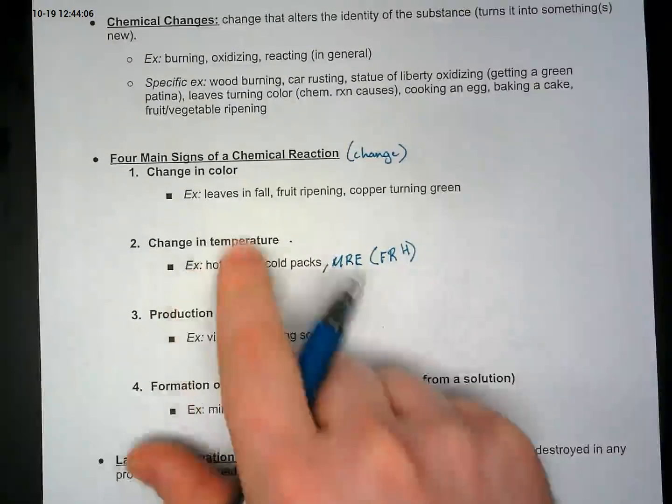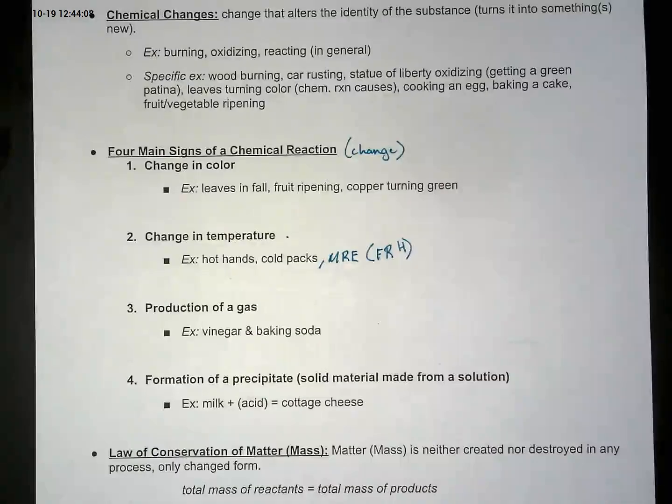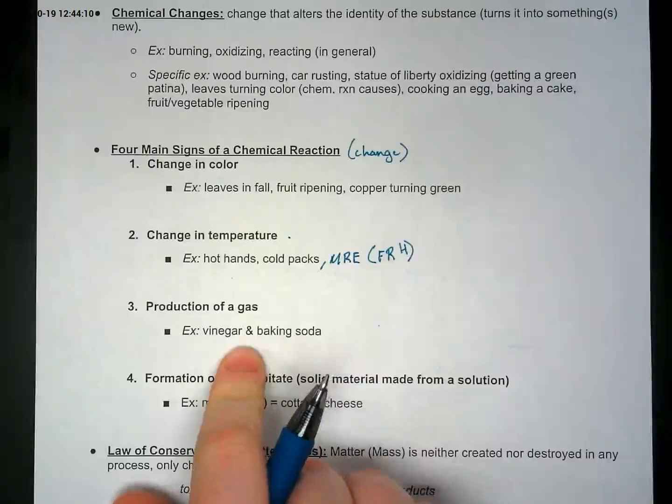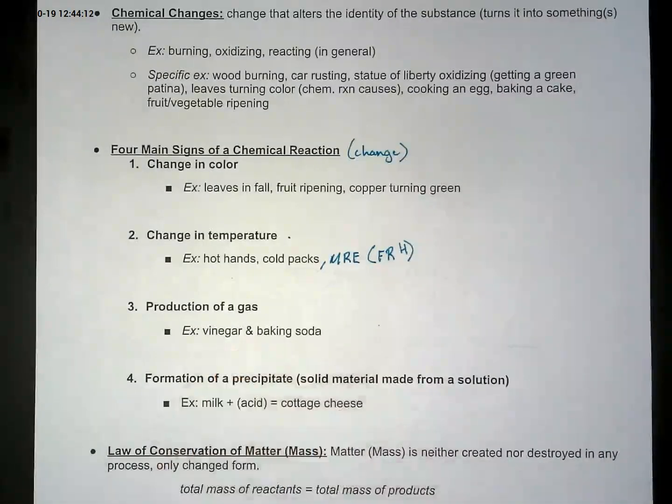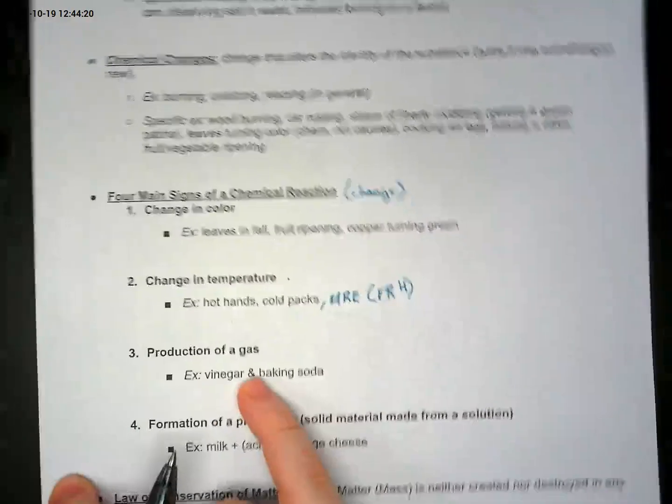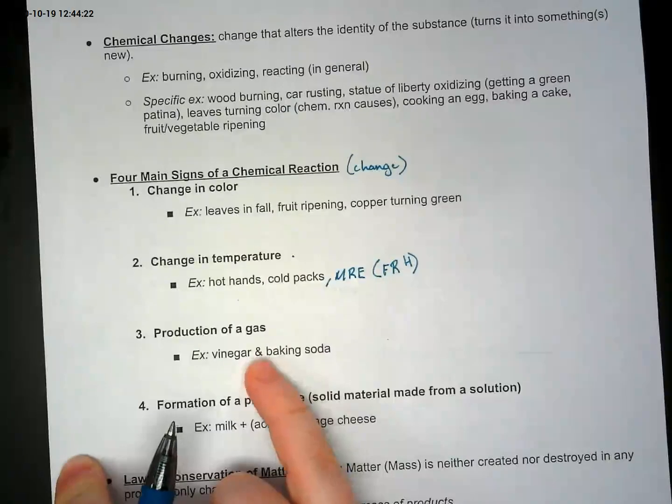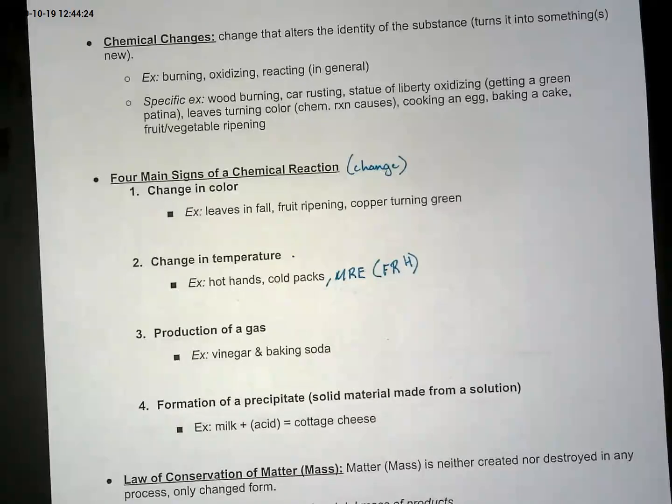Okay, so change in temperature, or a production of gas. If you mix vinegar and baking soda, you'll create CO2. So if you see a production of gas happening, for the most part, 100%, that is a chemical change. Now, of course, if you're boiling water and you're producing a gas, that's not changing the chemical composition of the water.